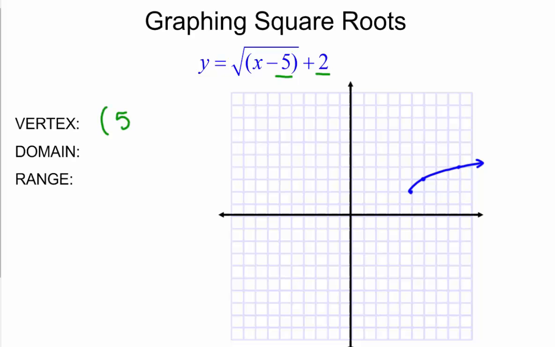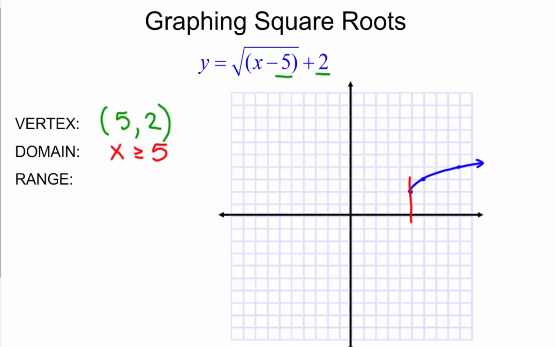So I can label my vertex at 5, 2. My domain, again, is all the x values covered by the graph, starts where x is 5, and continues forever in the greater than area. So I can say that my domain is that x is greater than or equal to 5.